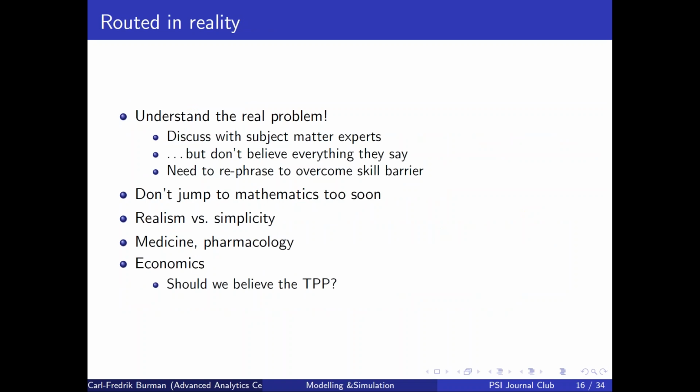We have to try to understand the real problem, and typically we don't have all the expertise ourselves, so we need to go out and talk to people that have a deeper understanding. But they don't typically know so much about quantitative thinking and modeling, and that means that we need to find this kind of common ground, reformulate our questions and try to understand each other.